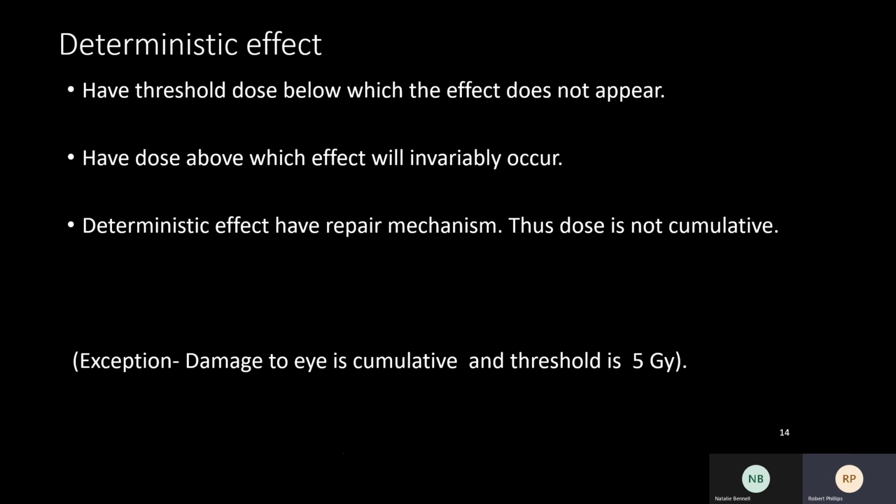There is one exception, and that exception is the eye. Cataract is cumulative, so it's a lifetime dose. If the dose is more than 5 gray, then we can develop cataract because of radiation. So whenever we go to the operation theater or angiography suite, it's better to wear lead glasses.